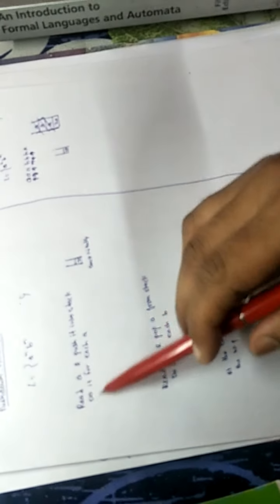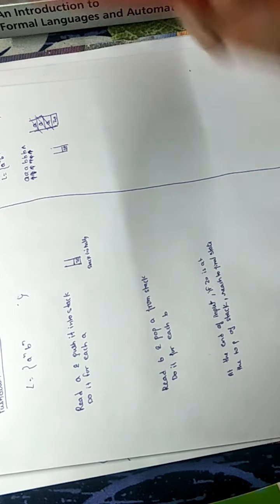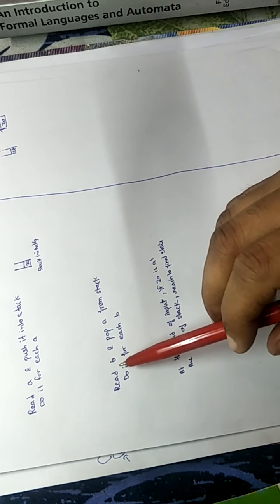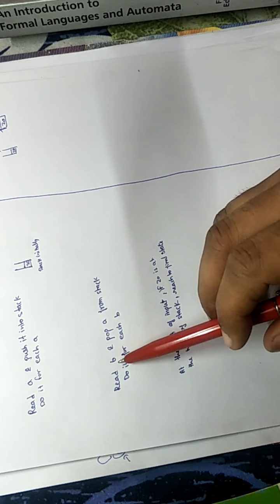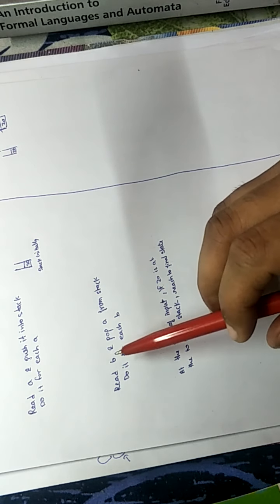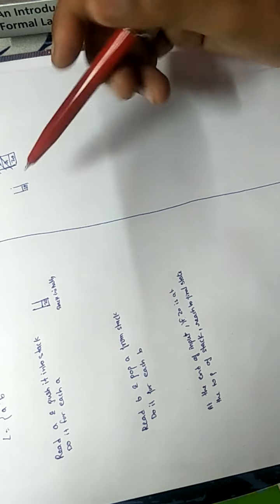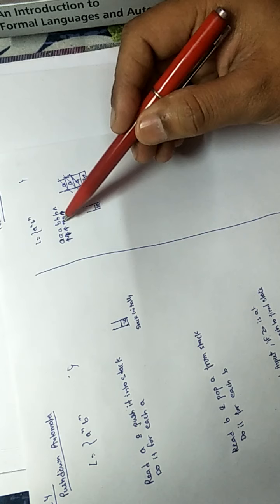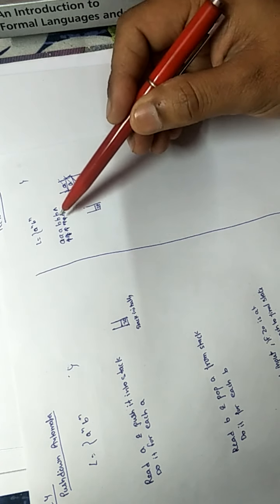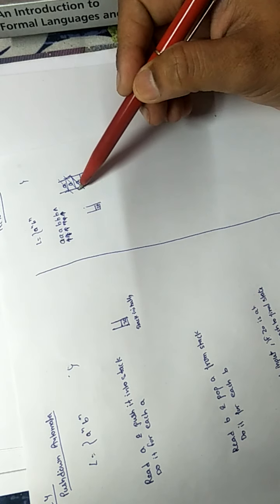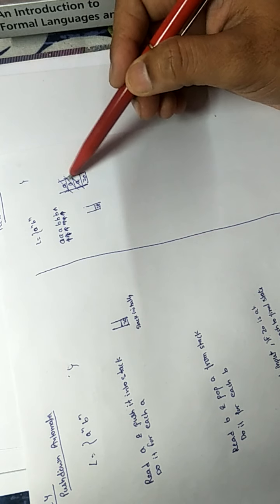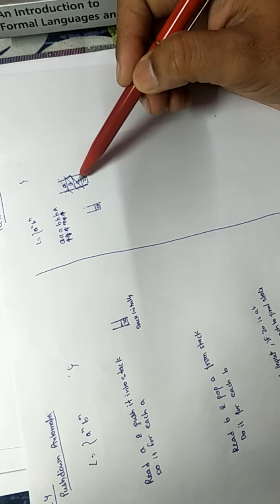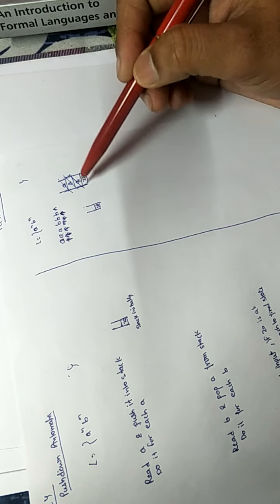We have to repeat it for every A. Now when we get B, we have to pop one A for one B. For each B, A is the top of the stack, so pop it.